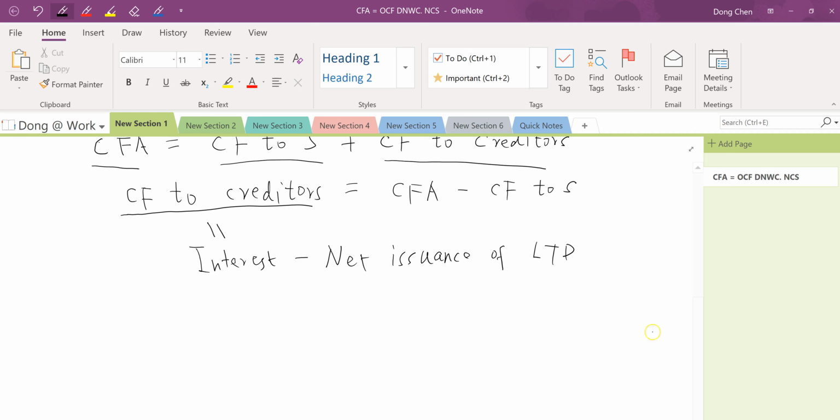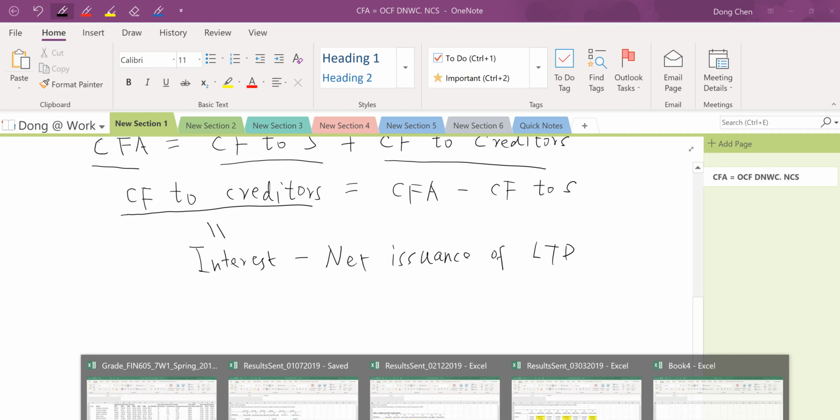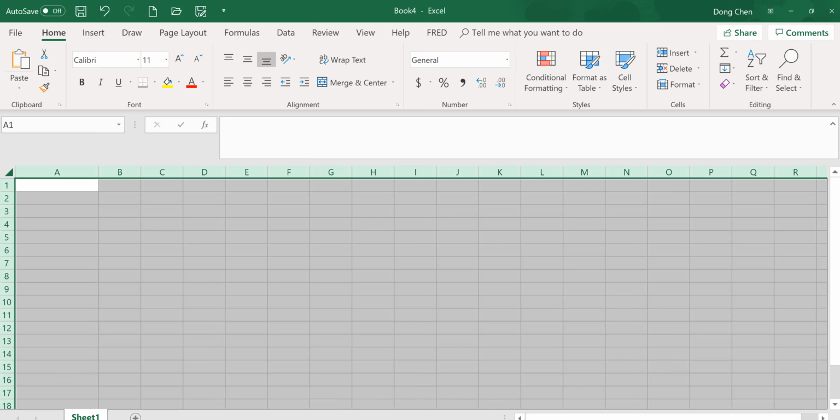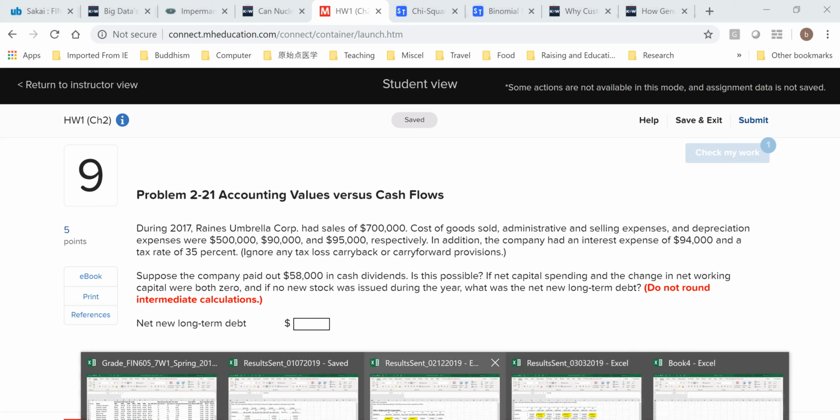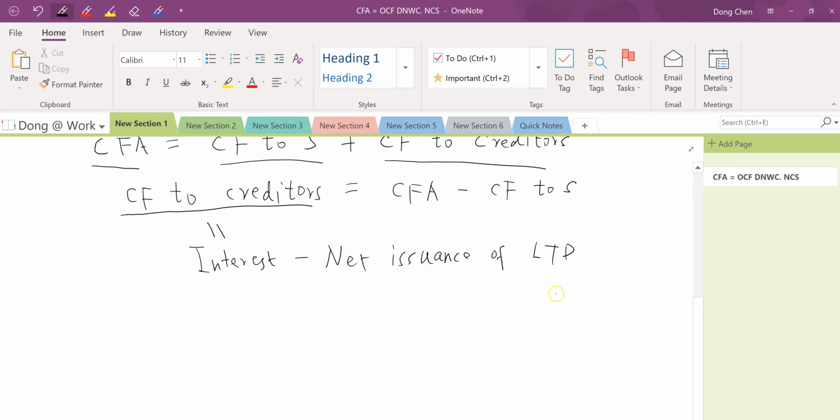Okay, so let me use Excel to solve this question. For me, that's the most convenient tool, but you can feel free to use other tools like a financial calculator or simply a scientific calculator. So we start from sales. What am I doing here?